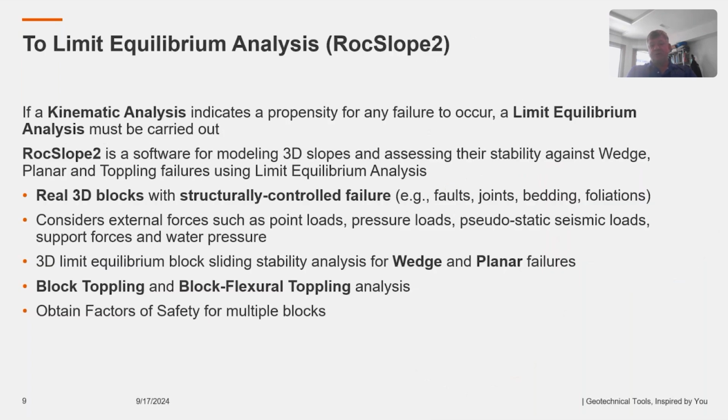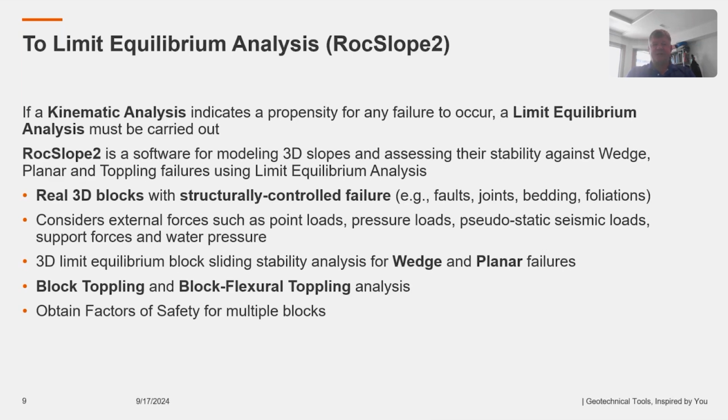Okay. So we talked about Dips, where we're coming from with kinematic analysis. And the kinematic analysis, let me just say, is principally where you're taking just the orientations of the joints and figuring out whether, in the case of, say, wedge failure, you're daylighting on the slope face, and whether the angle of the intersection between the two planes dips at an angle greater than the input friction angle, in which case you can get failure of a particular wedge.